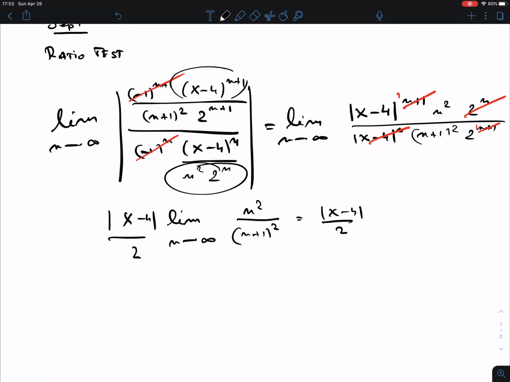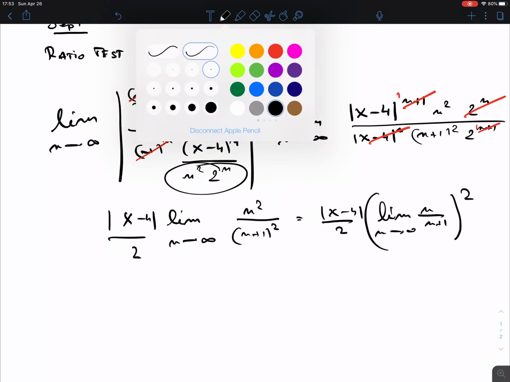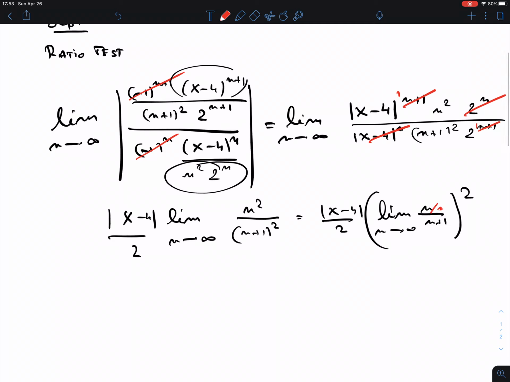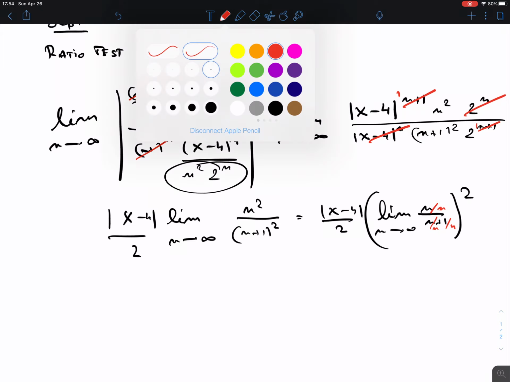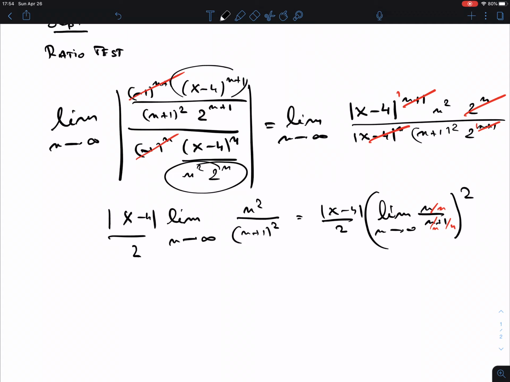Now we have talked about many ways of doing this limit. The quickest way is to actually write it as a single power and take the limit inside, and then we very quickly see that this limit, if we divide top and bottom by the highest power, it has to be the same power when you calculate the limit. It has to be the same power, right? Because otherwise you change the fraction. Some of you are doing this, confusing this with the limit comparison test where we create something.